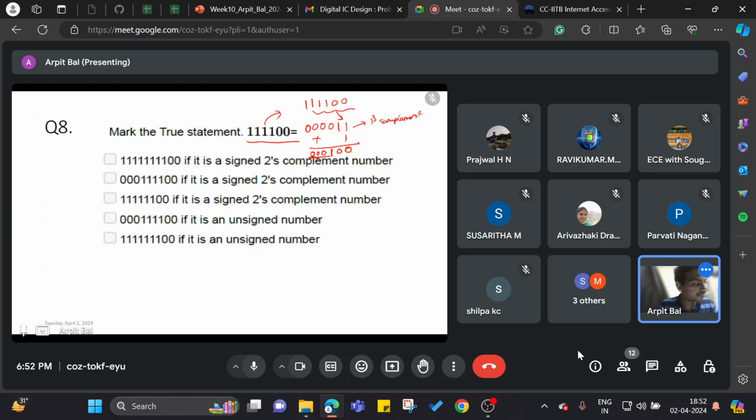So it will be something like 1 1 1 1 1 at the start and 2 zeros at the end. So out of the following options, which one is correct? The last but one option is correct.